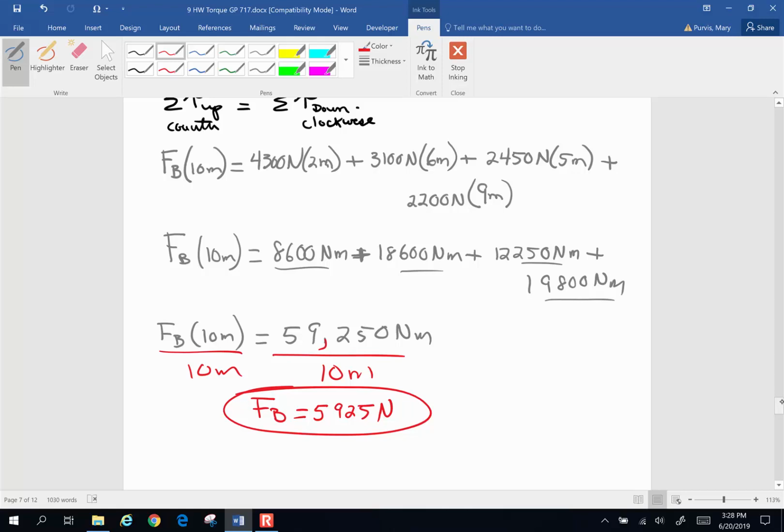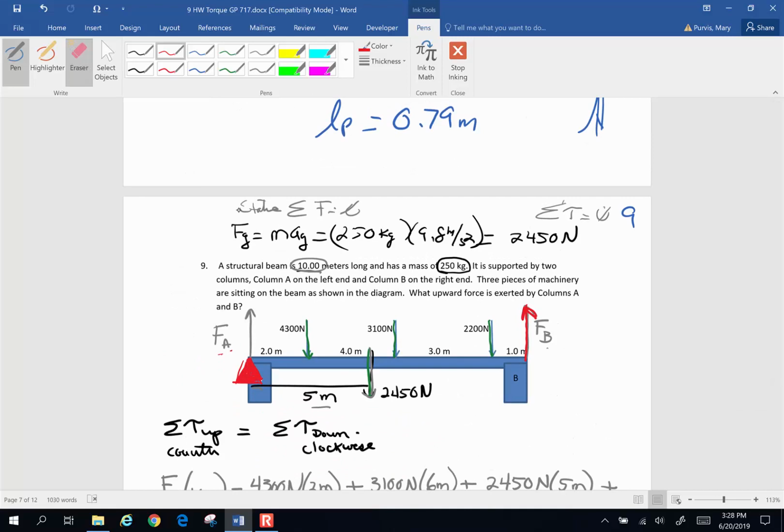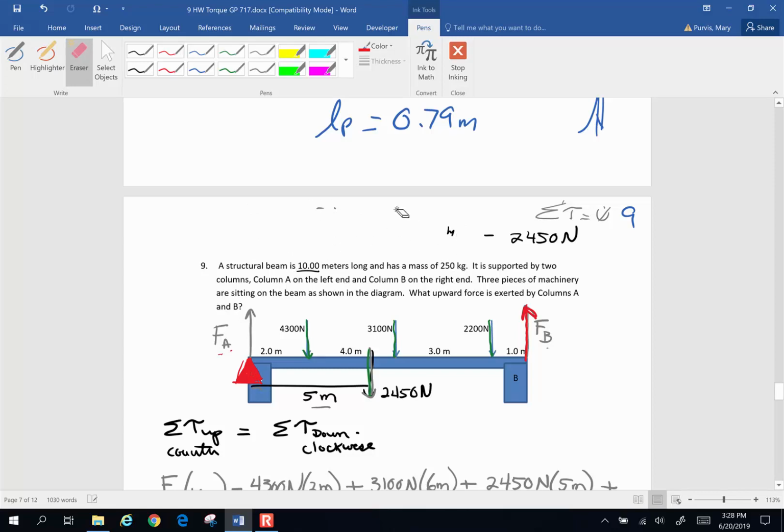Well, then we go back to Newton's law. I'm going to erase a little bit up here because it's just as simple doing it here where we can see what's going on. Newton's first law says in order for an object to be stable or not moving, the sum of the forces on it have to equal 0.